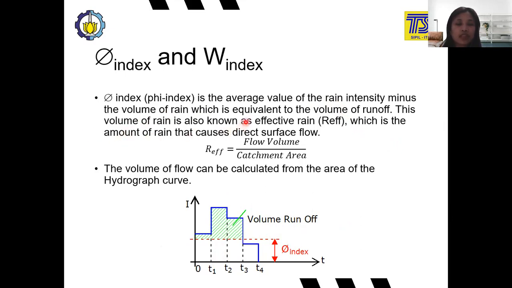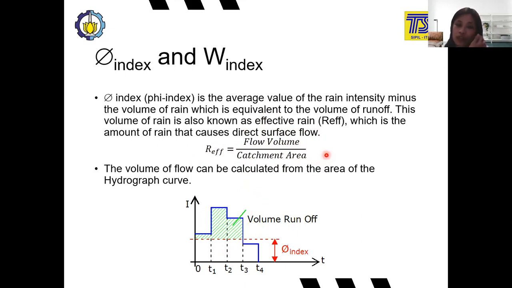This volume of the rain is also known as effective rain, or RF, which is the amount of rain that causes direct surface runoff. This is the water flowing on the surface of the soil. It can also be calculated with this equation: the effective rainfall equals the flow volume divided by the catchment area.